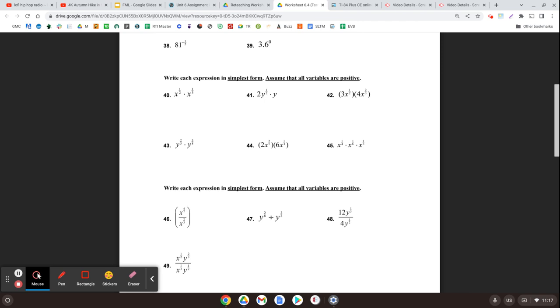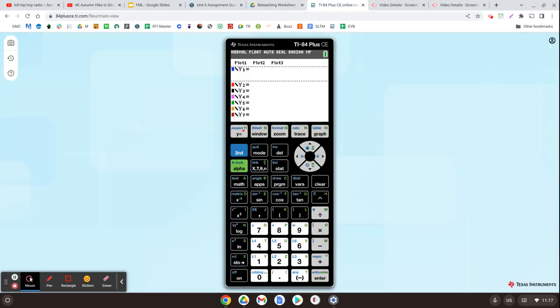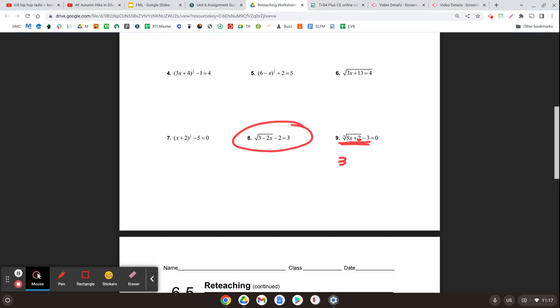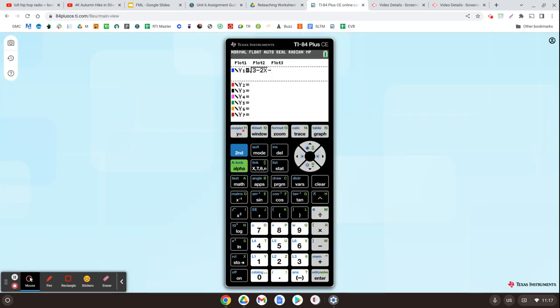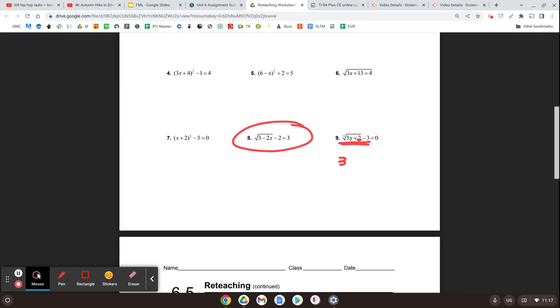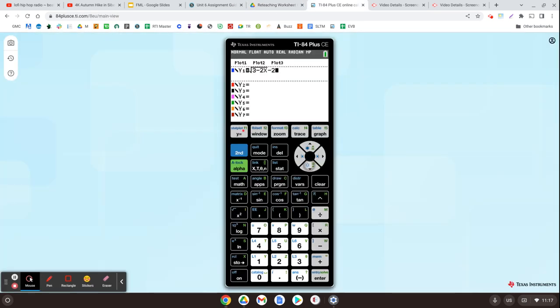Square root of 3 minus 2x, and then minus 2. And we want to know, where does this thing equal 3? So then in our next equation, we can just put in a 3 and watch what happens when you graph those. Okay, now I'm going to zoom out a little.